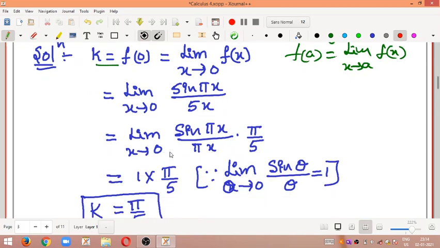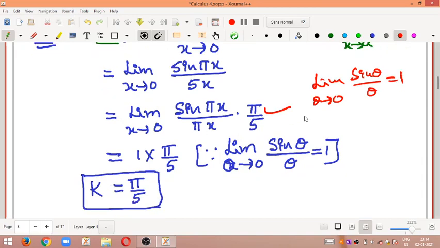So limit as x tends to 0, this one I am splitting by multiplying and dividing by pi, so this 5 I am writing here. We all know that limit as theta tends to 0 of sine theta by theta is equal to 1. For that purpose, limit as x tends to 0 means pi x also tends to 0.